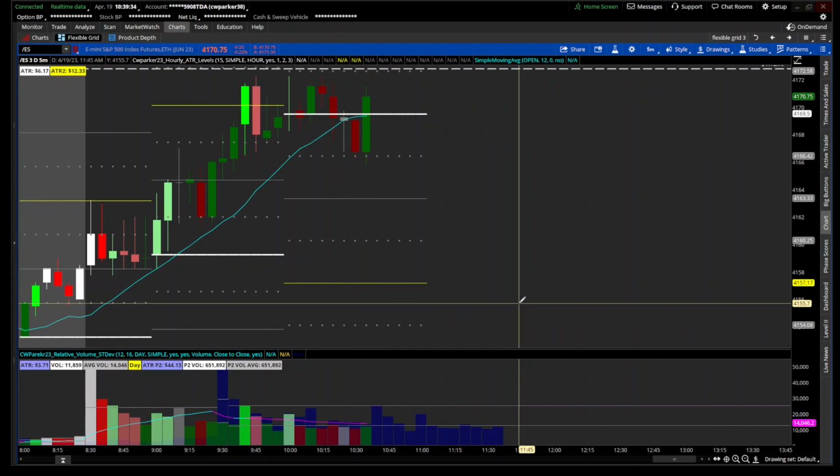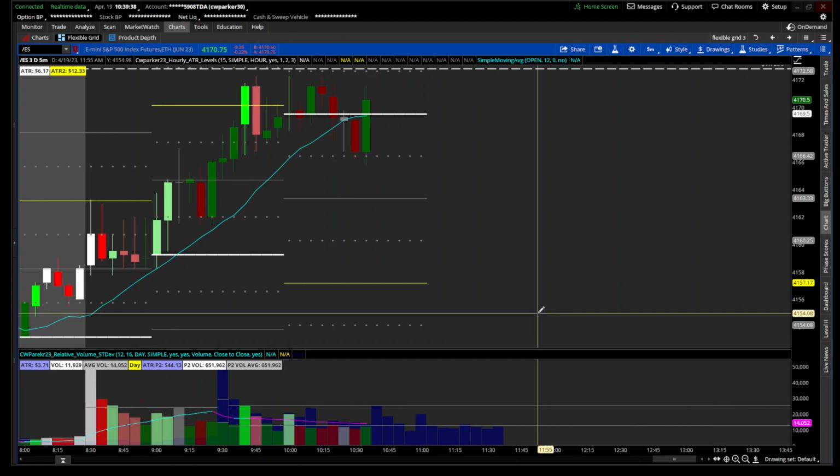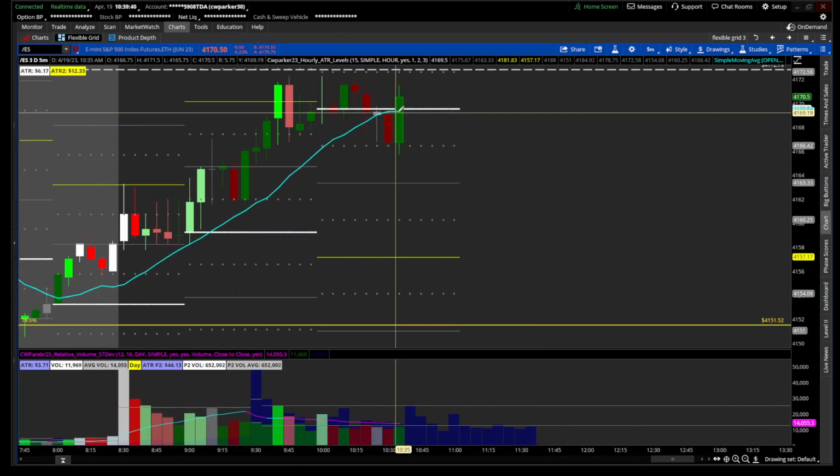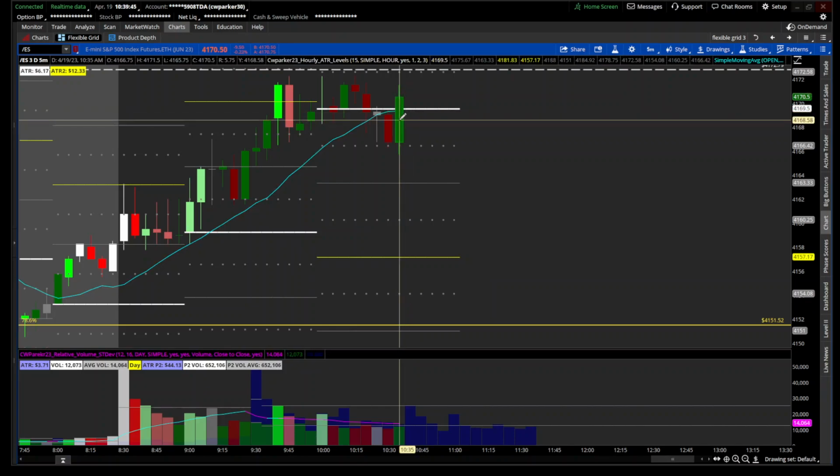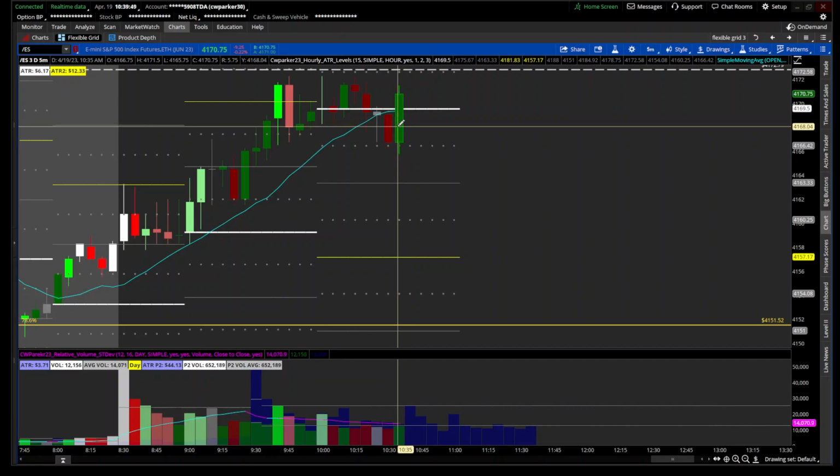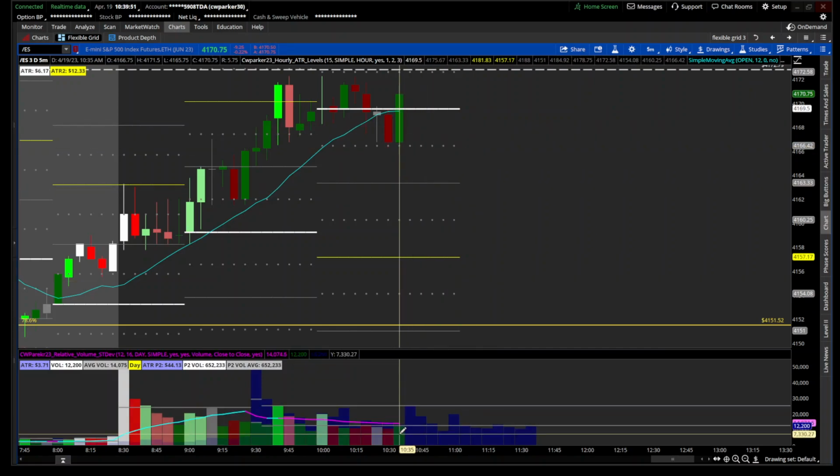But for the most part, we're looking at this one candle right here, and it got back above the open, average, but we know that the amount of volume on this candle is not justifying the move, even though it's above the previous candle.